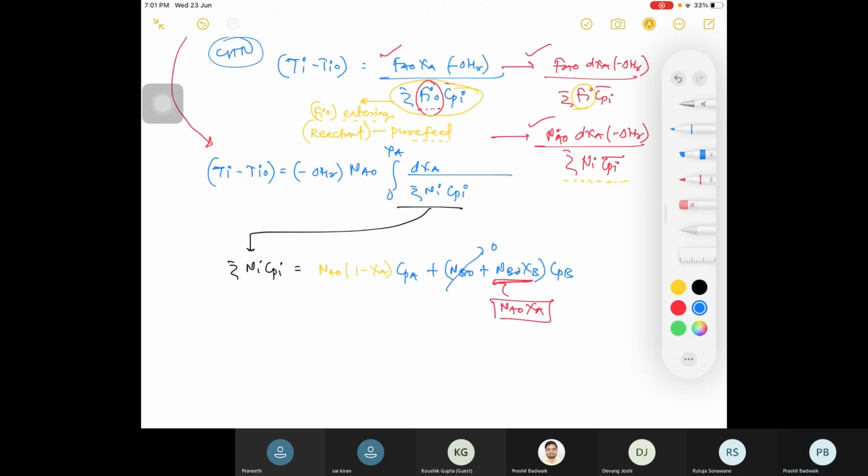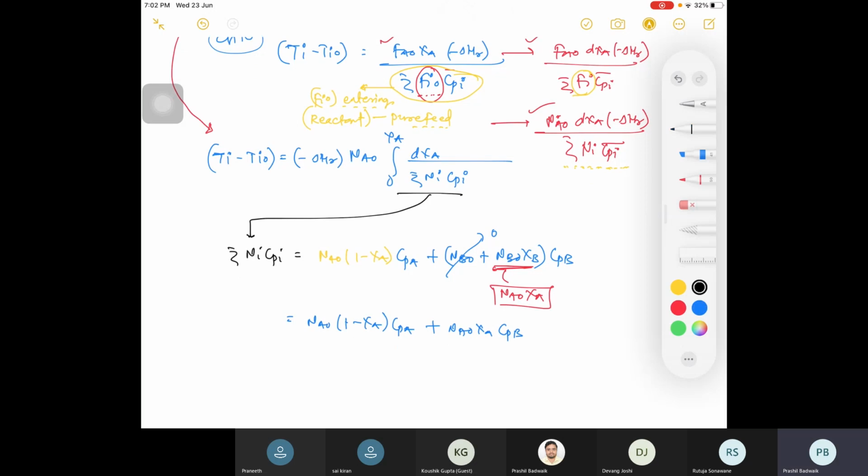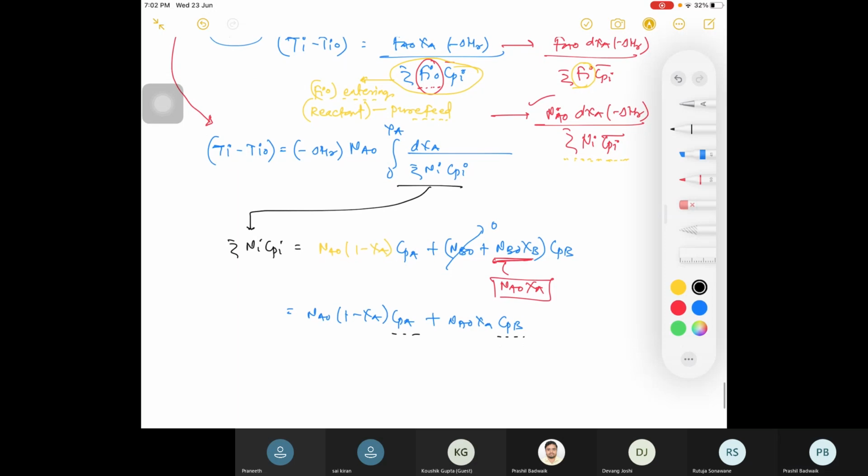So please write down Na naught 1 minus Xa into Cpa plus your Na naught Xa into your Cpb. You know Cpa is equal to Cpb. So what remains then?